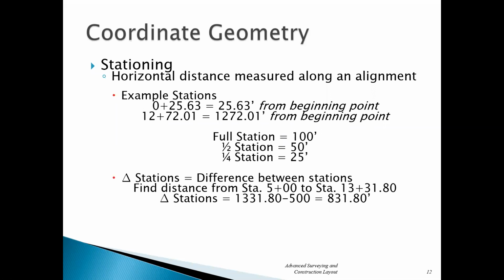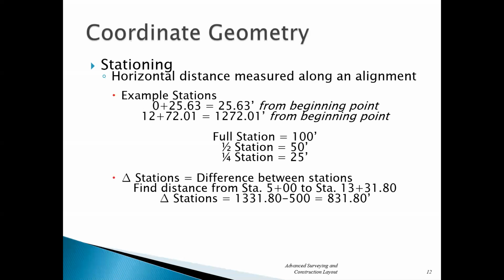So we also use the terms full station, half station, and quarter station because these are very often used when you do layout. For instance, when you do a center line alignment on a highway the first time through, when they're doing rough grading, you're usually staking it out at what's called full stations, so every 100 feet.